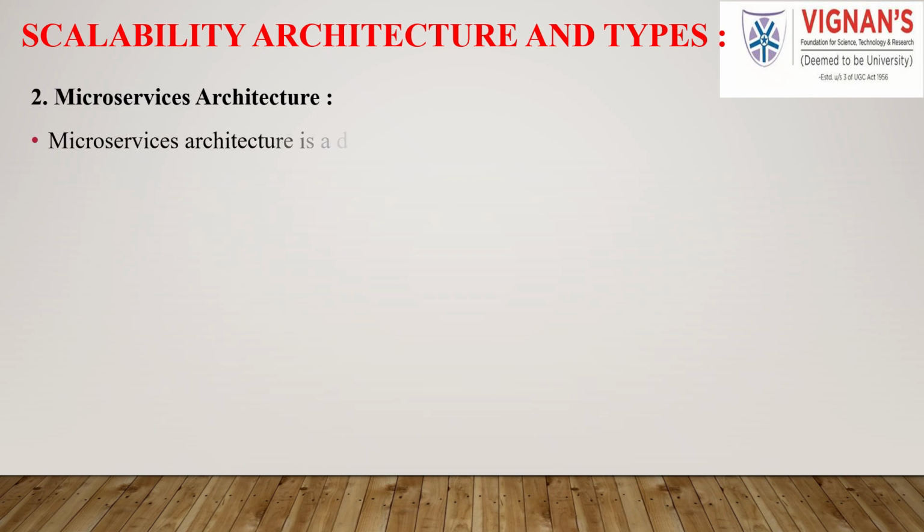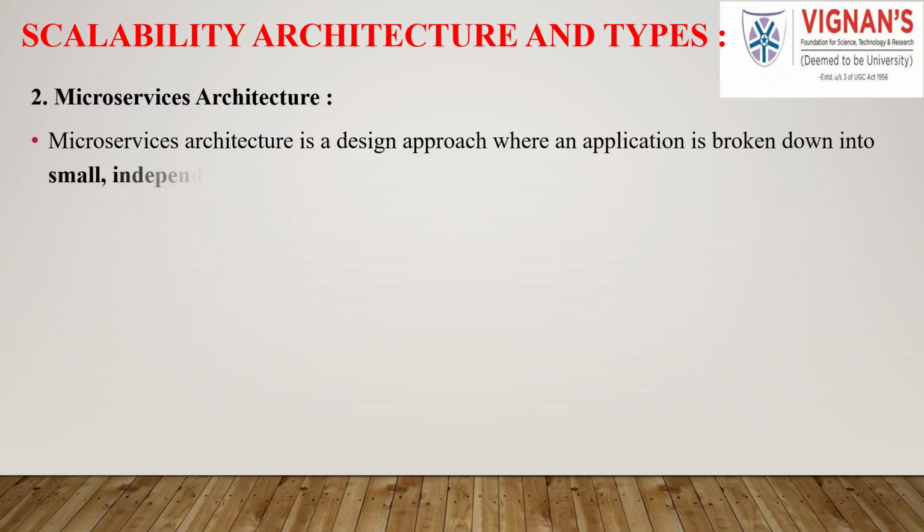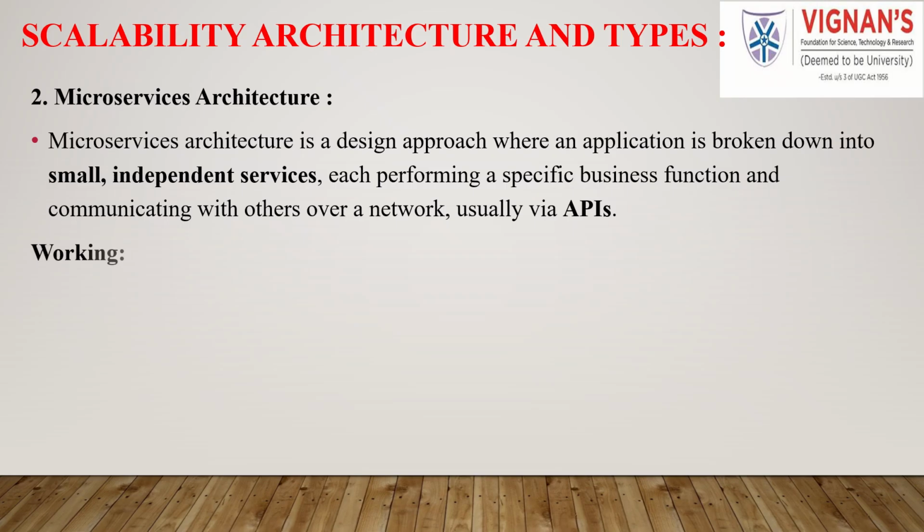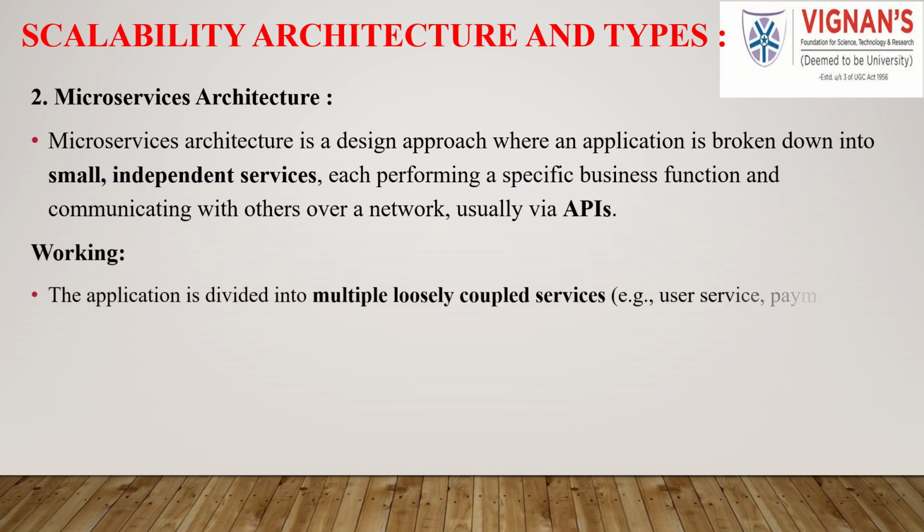Microservices architecture is a design approach where an application is divided into small, independent services. Each service performs a specific business function and communicates with other services over a network, usually through APIs. The application is divided into multiple loosely coupled services, for example, a user service or a payment service.